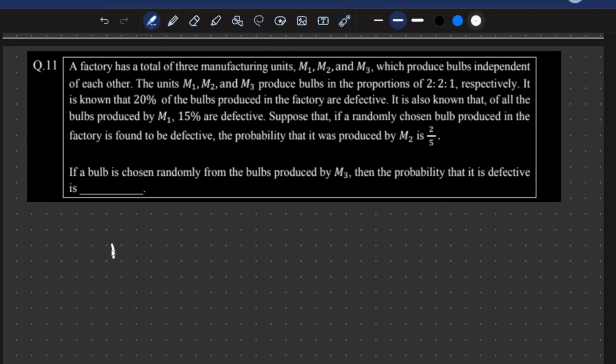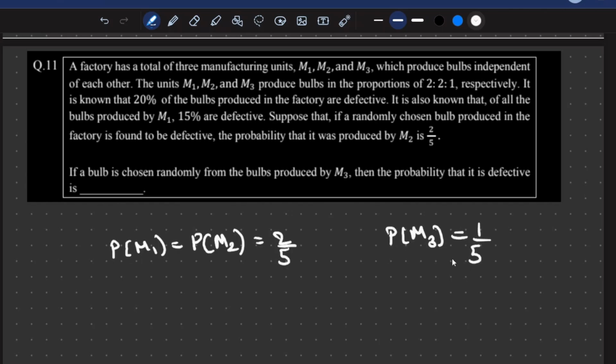So probability that a bulb is formed by M1 is equal to probability that it is formed by M2, which is equal to 2 by 5. And probability that it is formed by M3 would be 1 by 5, right? Yes. Okay. And the probability that it is defective is 20%, right? 20% is 1 by 5.